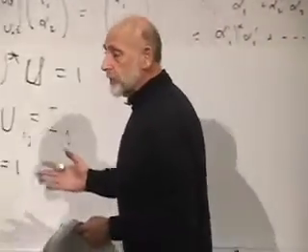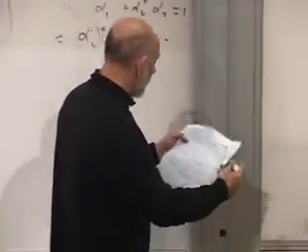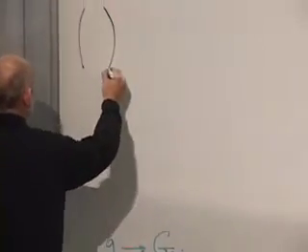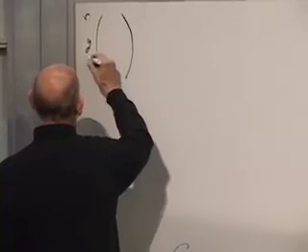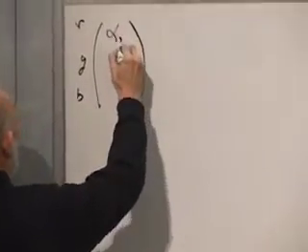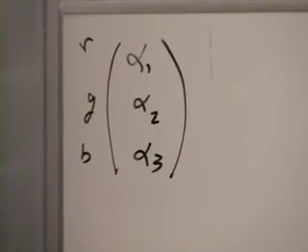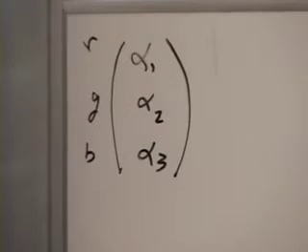Just as a spin could be in one of two states, the quark color can either be red, green, or blue. And so we could describe the state of a quark by three entries. The three entries will correspond to red, green, and blue. But, you know, an alpha 1, an alpha 2, an alpha 3. And the squares of alphas will just be the probability that it's a red quark, a green quark, or a blue quark.